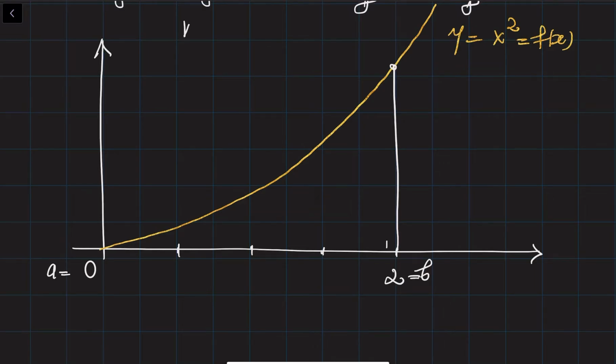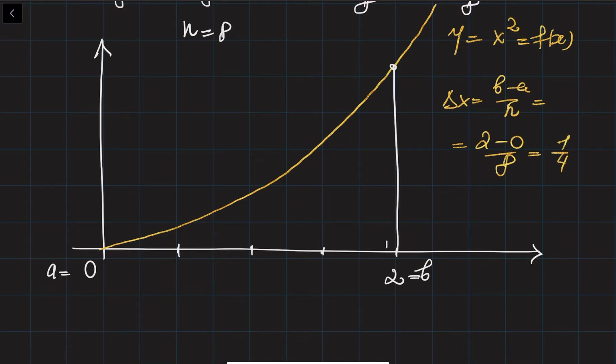So if n is equal to 4, or 8 in this case, what is going to be the width of each of the rectangles, or each of the pieces, intervals? Well, we are going to use the formula again. Delta x is equal to b minus a divided by n. So in this case, it's going to be equal to 2 minus 0 divided by 8, which is equal to 1 over 4, or 0.25. The width of each rectangle is going to be 1 over 4.